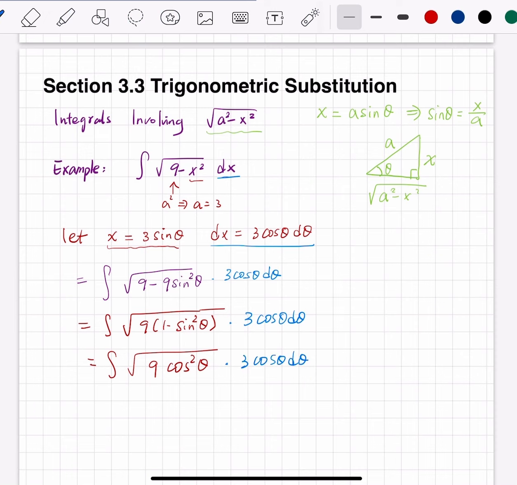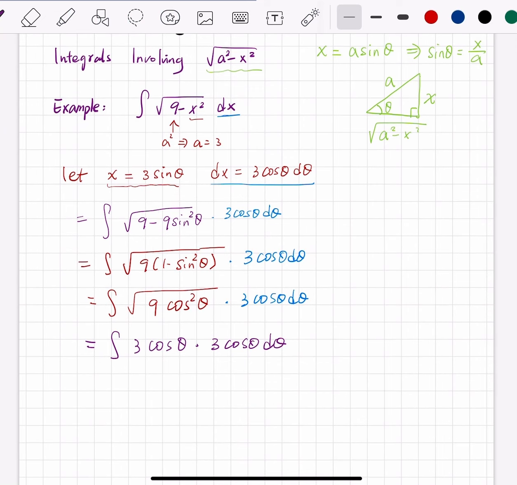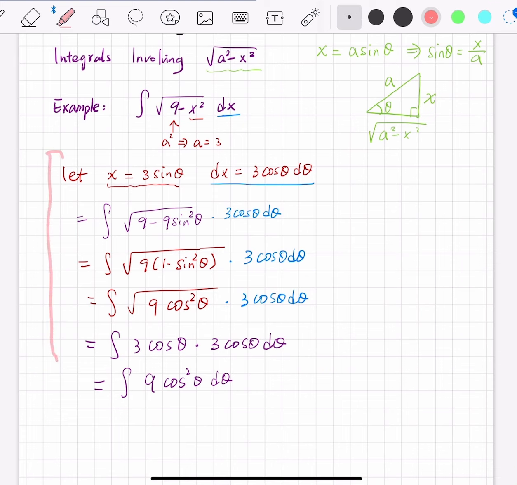We can simplify it to get the integral of 3 cosine theta times 3 cosine theta d theta, which is the integral of 9 cosine squared theta d theta. Now this is the integral I actually need to solve. From here to here, I'm using the substitutions and trying my best to simplify the function.